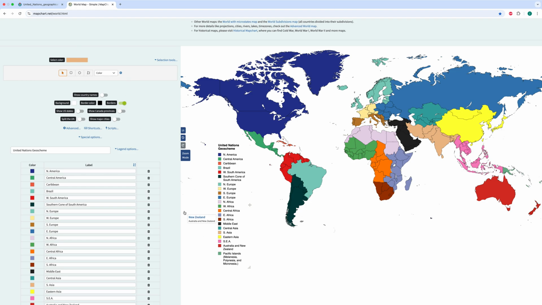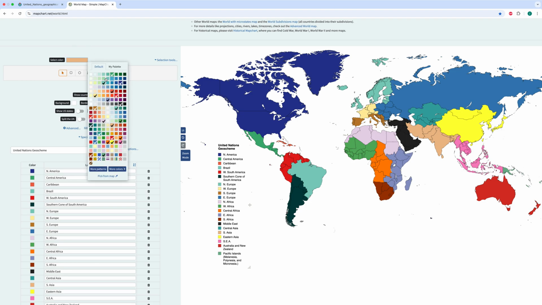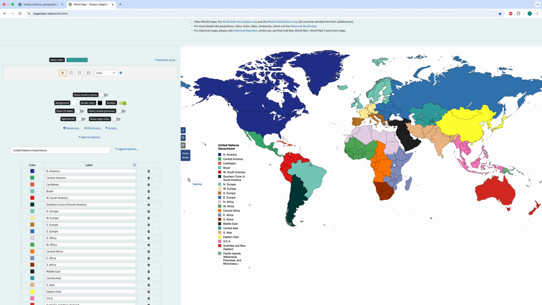I'm not going to color it anymore. I'm bored. Then there's Australia and New Zealand, the Pacific Islands. Then there's Northern Africa, Western Africa, Central Africa, Eastern Africa, and Southern Africa.